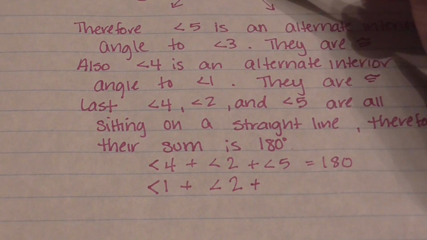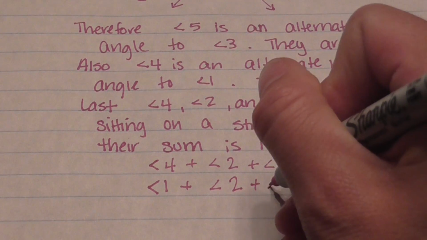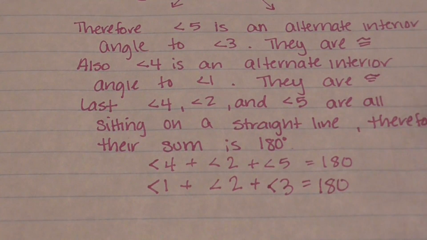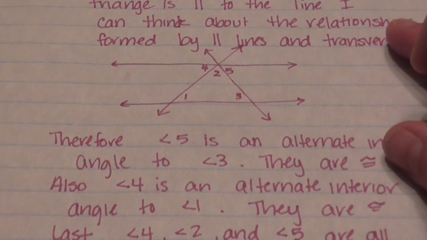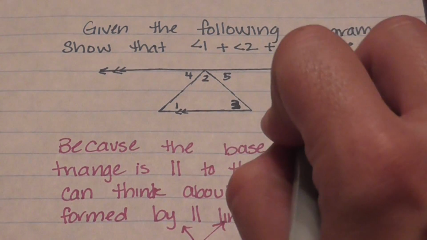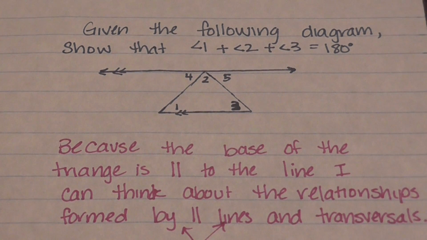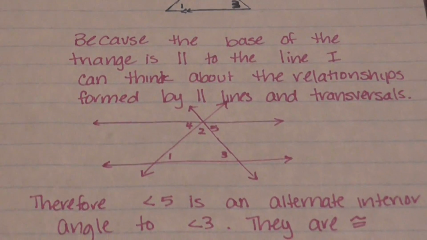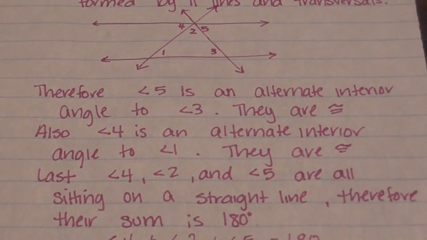It can be replaced with angle 3. Angle 3 equals 180 degrees. Well, if we go back to the very top, that is exactly what they asked us to show. 1, 2, and 3 add up to 180 degrees. So these are the problems and the kind of thinking that you're going to need to use with these types of problems.